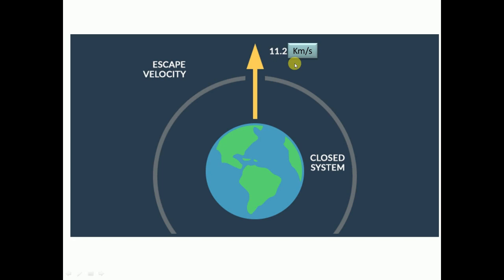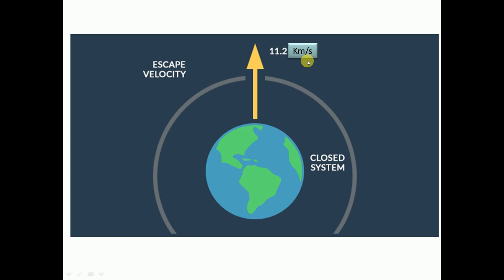If you want to send a spacecraft to the moon, then the spacecraft should be traveling at equal to or greater than 11.2 km per second. Then it will escape the earth's gravitational field and travel to the moon.